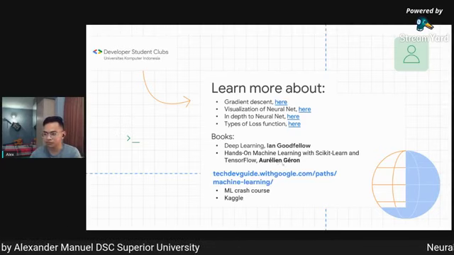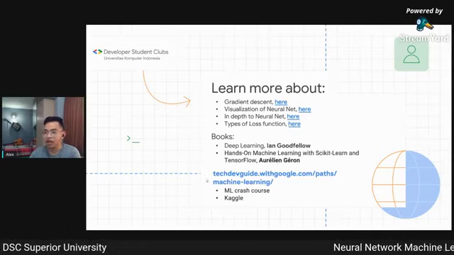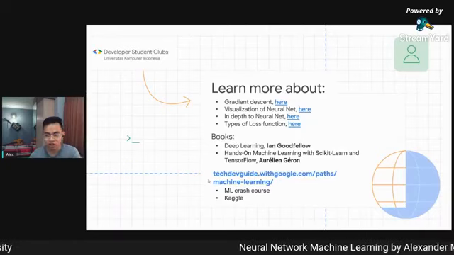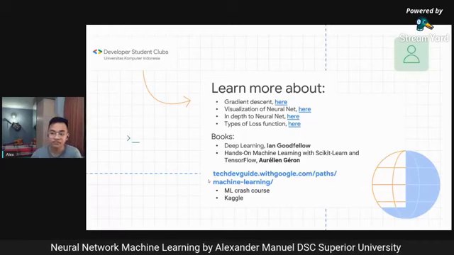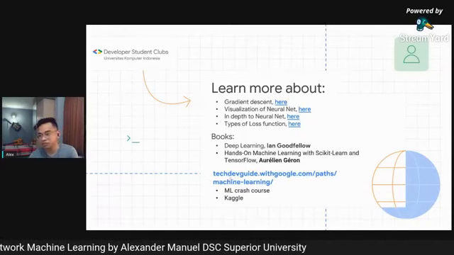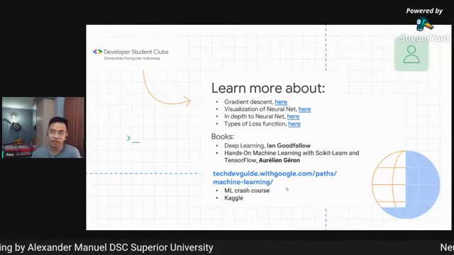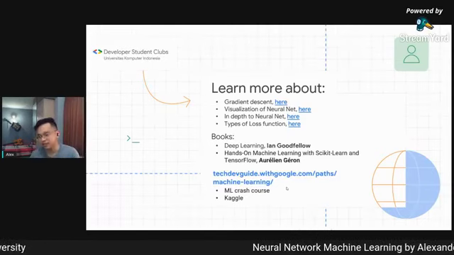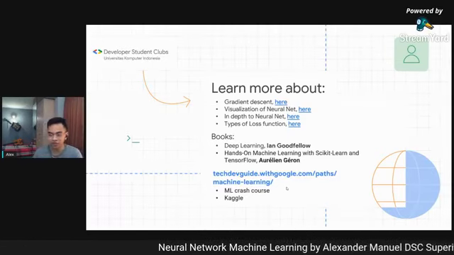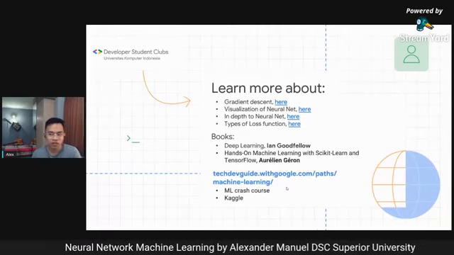It's very good. There's a lot of code there. And if you're more into the practical stuff, you can visit the Google developers guide on machine learning, where, just like the name says, there are a lot of guides, and first you will have to finish the ML crash course.